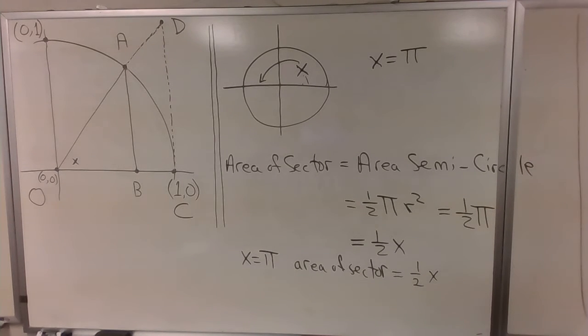So for x equal 2 pi, and for x equal pi, the area of the sector corresponding to x is 1/2 x. We'll look at one more example just to drive home the point completely and thoroughly.